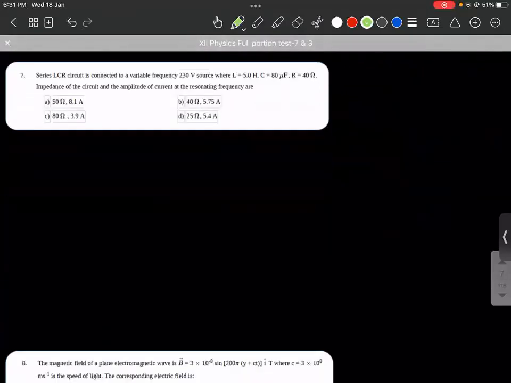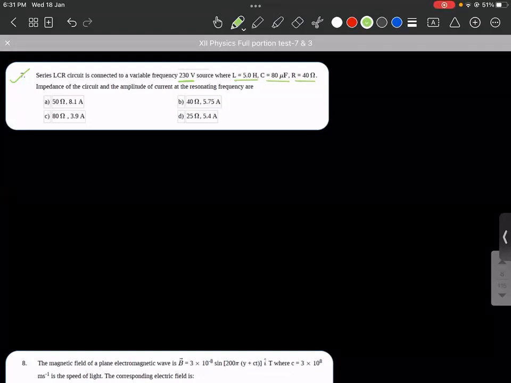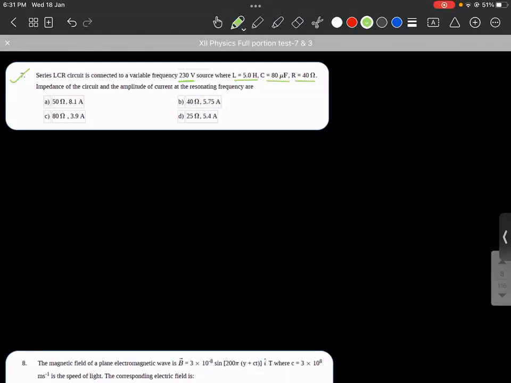So the 7th one: there is a series LCR circuit which is connected to a variable source of 230 volt, where L is 5 Henry, C is 80 microfarad, and R is 40 ohm. Find the impedance of the circuit and the amplitude of the current at resonating frequency. Do we need to apply the formula for impedance here?